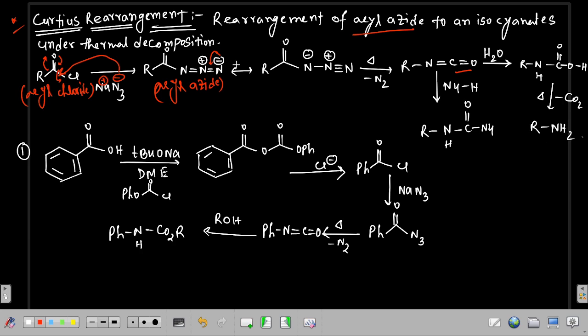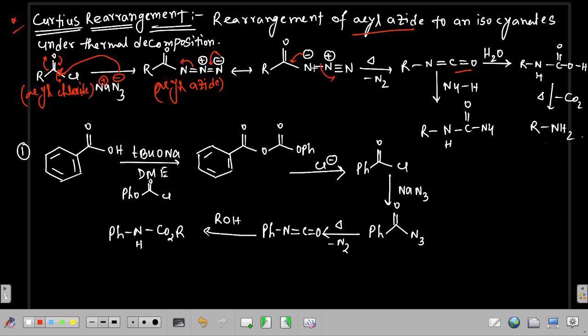So this anion will shift here, and this bond will shift on the nitrogen, and it will form anion here and nitrogen plus.